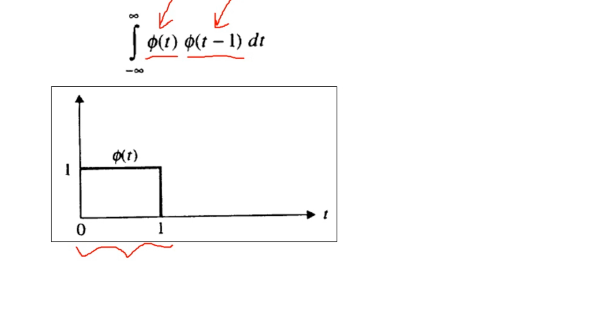If we carry out the product phi of t with phi of t minus 1 and integrate it over the time minus infinity to infinity, and it is equal to 0, then we can call the functional bases, which are basically the translated versions of the Haar scaling function, following the orthogonality condition here.